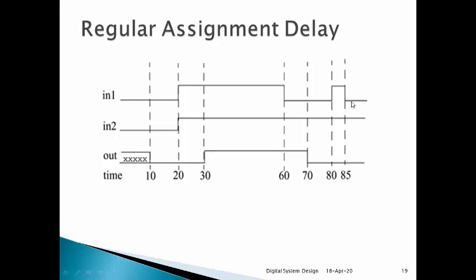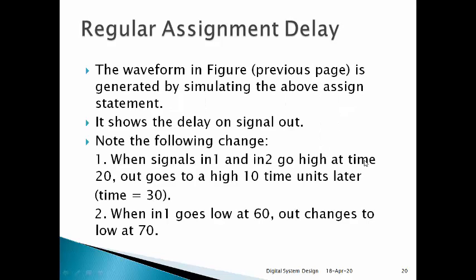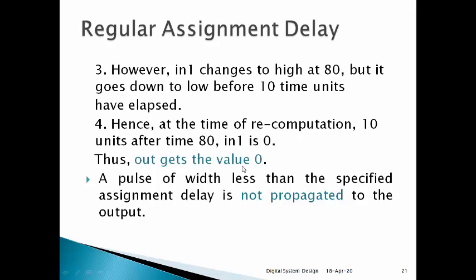As you see, after 85 it will again become 0, so the AND operation of these two inputs is equal to 0. So at 90 time units we have got the variable out as 0.